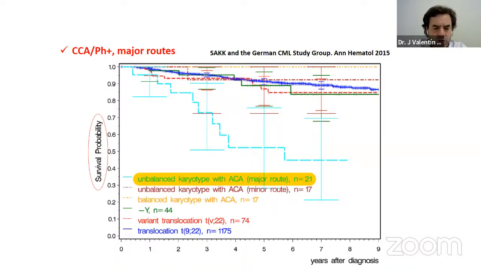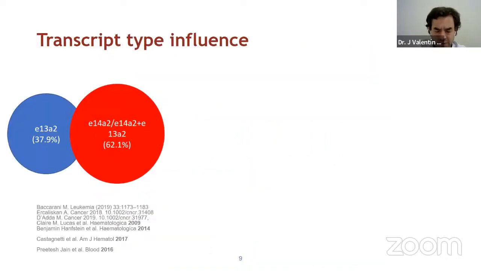It was recently shown in the latest presentation how the presence of so-called somatic mutations associated with cancer may also have an impact on the prognostic of our patient. And we have data from the Australian group, but also from the Italian group, that those patients harboring somatic mutations may also benefit from the use of second-generation TKIs compared to imatinib.